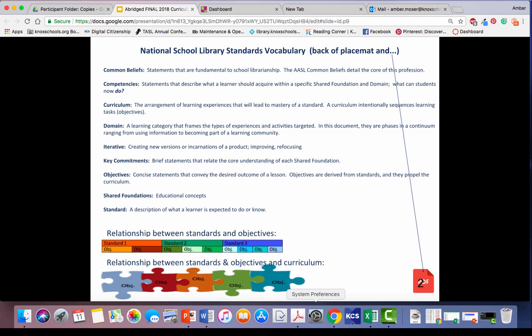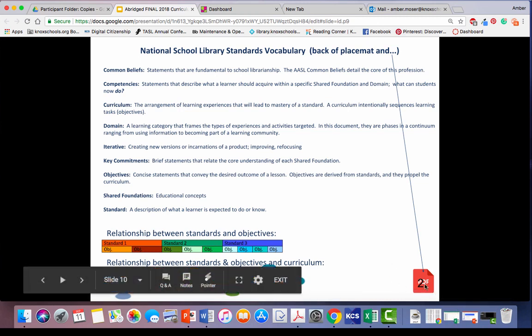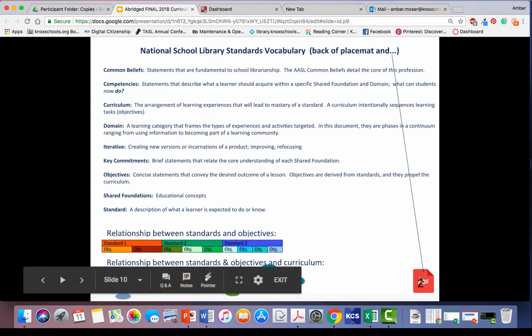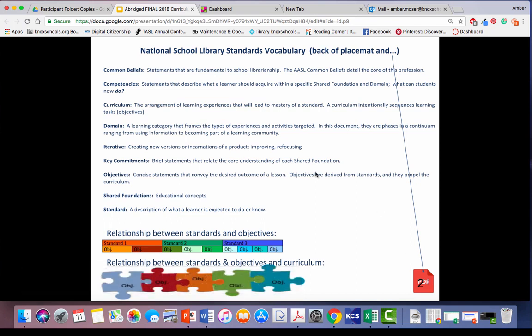So let's take a minute and look at those standards. You're going to see on some of the slides in this presentation that there will be a little icon and a number somewhere on the slide. That indicates that in your Google folder that you pulled over in that first slide when we got started a few minutes ago, there is a corresponding item in that folder that pulls up this information for you.